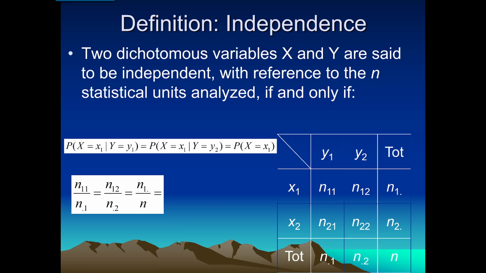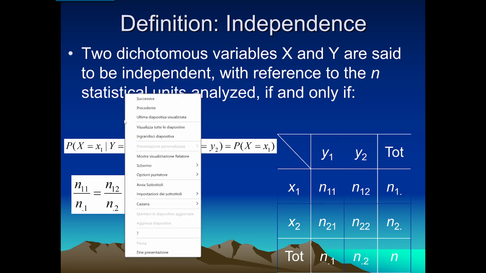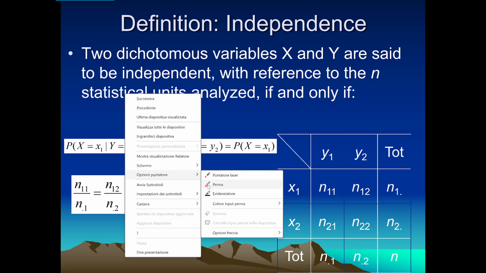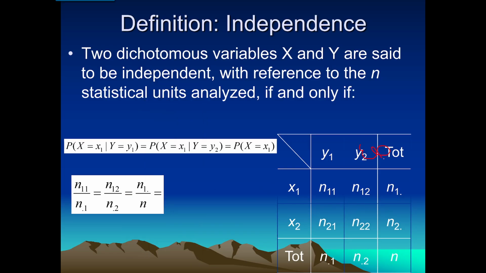Now, what are these concepts in terms of our contingency table? What is the probability of observing x1 given that y is equal to y1? If y is equal to y1, you do not consider the other column. And what is this probability here?